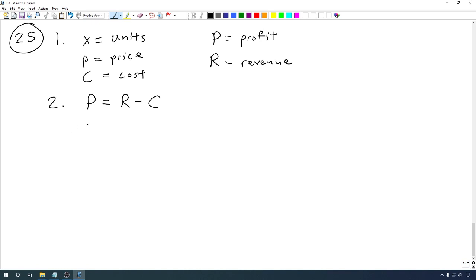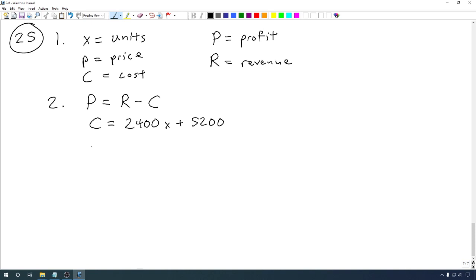C is actually pretty easy. They give us a cost function: C equals 2,400x plus 5,200. So we have a fixed cost of 5,200 and a variable cost of 2,400.